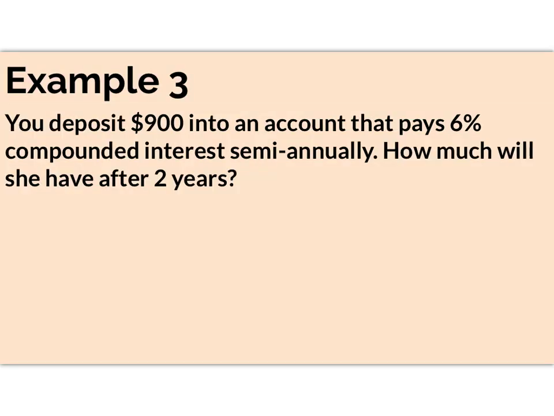Okay, let's look at our third example. This says compounded, so now we're dealing with compound interest, and the balance equals the principal times 1 plus the rate divided by the compounds, to the power of the compound times the time in years. So let's fill it in. 900, 1 plus 6% is 0.06. Semi-annually is 2.